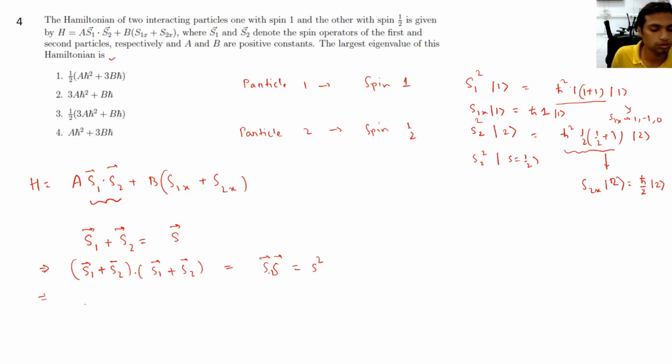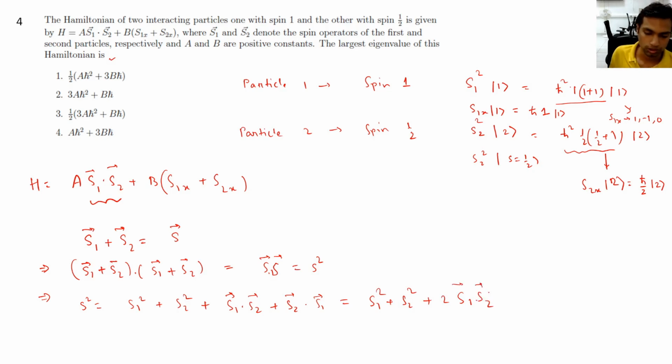So what we get is S square is equal to S1 square plus S2 square plus S1 dot S2 plus S2 dot S1. Since these are acting on 2 different particles, S1 and S2 commute. So what we will get is S1 square plus S2 square plus 2 S1 dot S2.